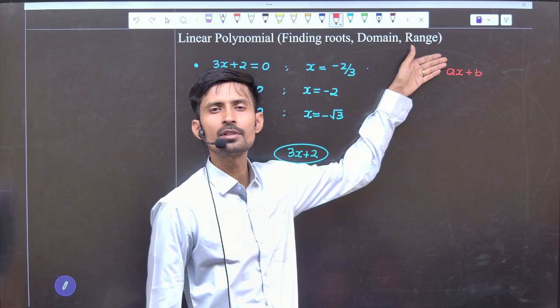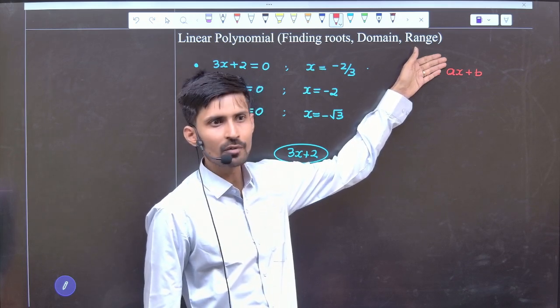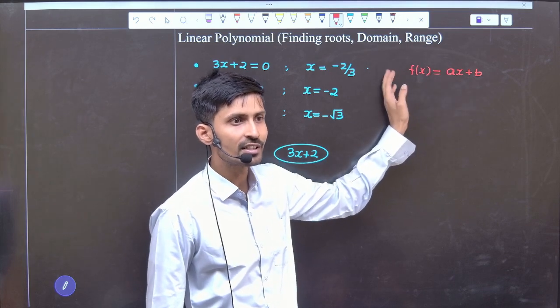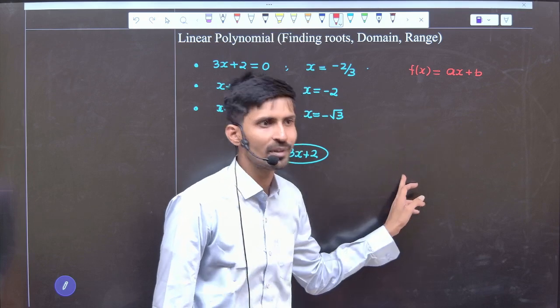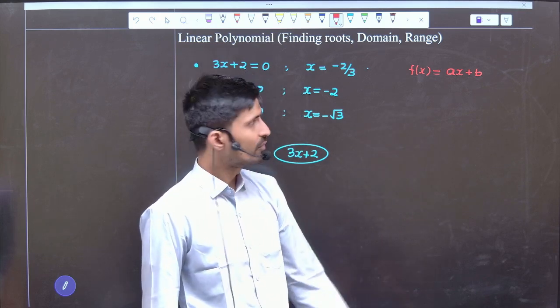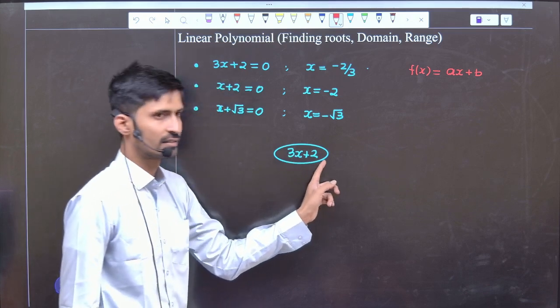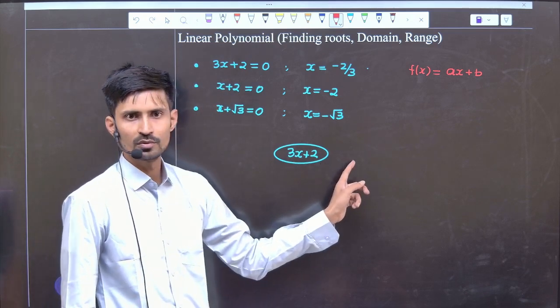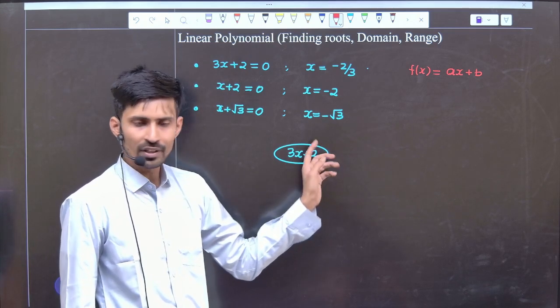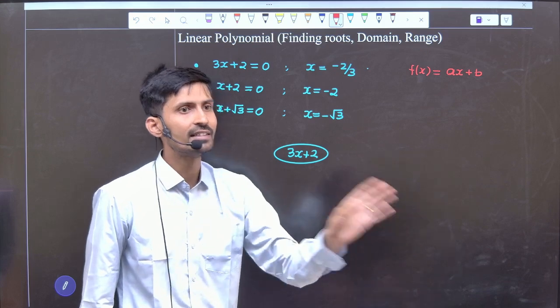3x plus 2 is a linear polynomial. But when we equate 3x plus 2 with f(x), now we can generate some questions from here. We don't generate questions like 3x plus 2 alone. We write f(x) is equal to 3x plus 2, then we say find something.